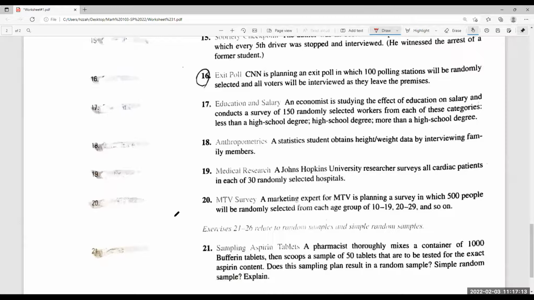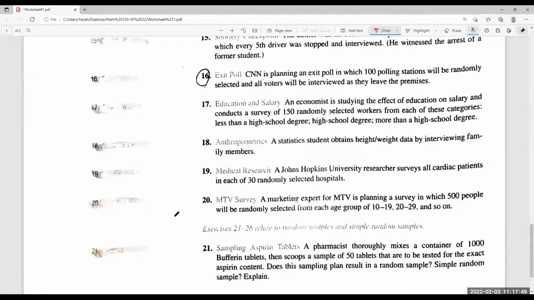If you don't have any question, number 19, Johns Hopkins University. This is the one that I think I talked about. A Johns Hopkins University researcher surveys all cardiac patients in each of the 30 randomly selected hospitals. Is it stratified or cluster?